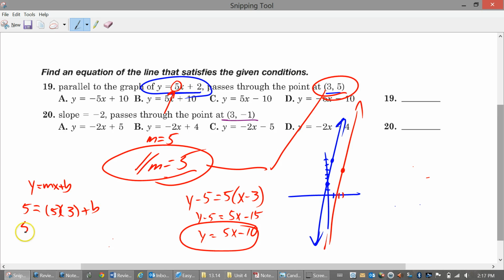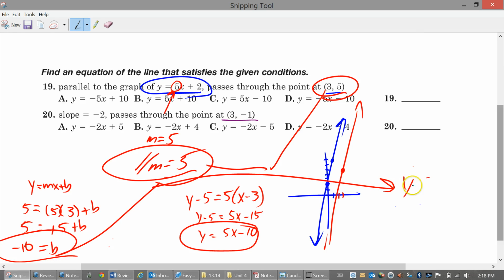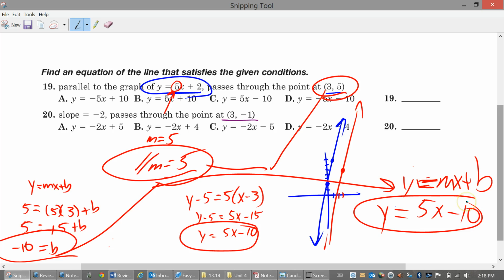Put it in there and then solve, and you get b is negative 10. Then you take your slope and b and put it back into y equals mx plus b to get y equals 5x minus 10. Again, same answer. Okay? Did I clarify things a little bit for that? Not really, but okay. If you need some more help on it, obviously you can watch the video too.